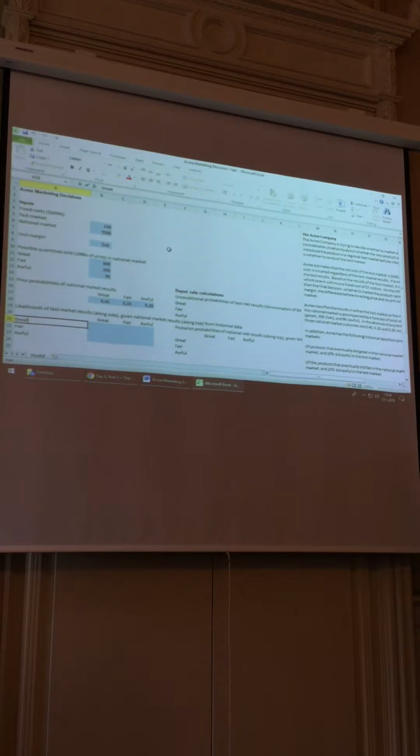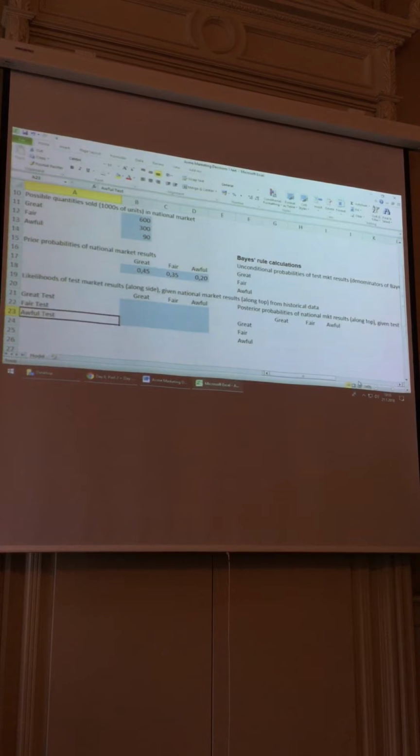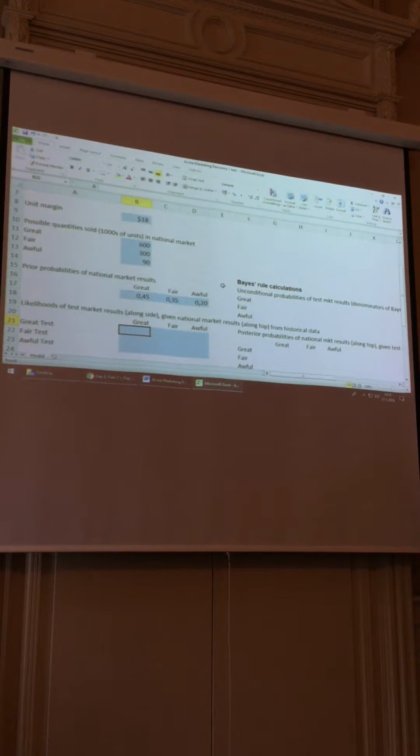So I'm going to help us a little bit and say great test, fair test, awful test. Make this a little bit bigger. So we've already written these likelihoods down. Can we put these numbers in here as they are supposed to be? So likelihood of test market results along the side given national market results.